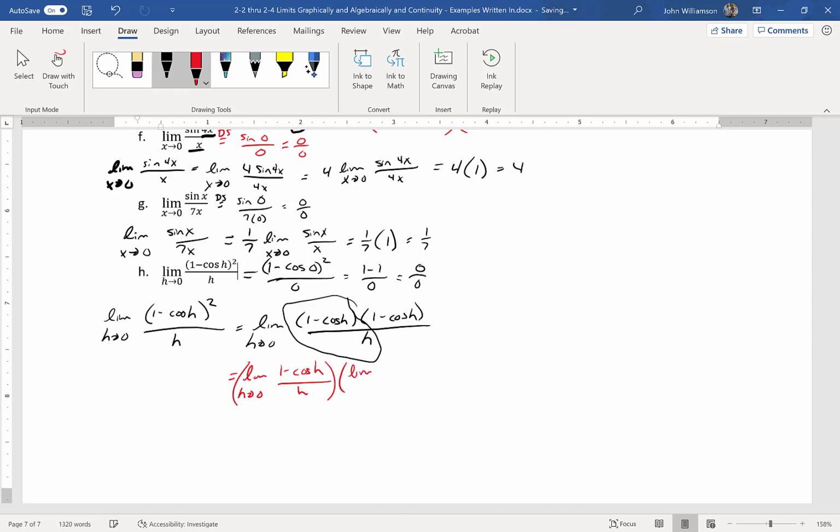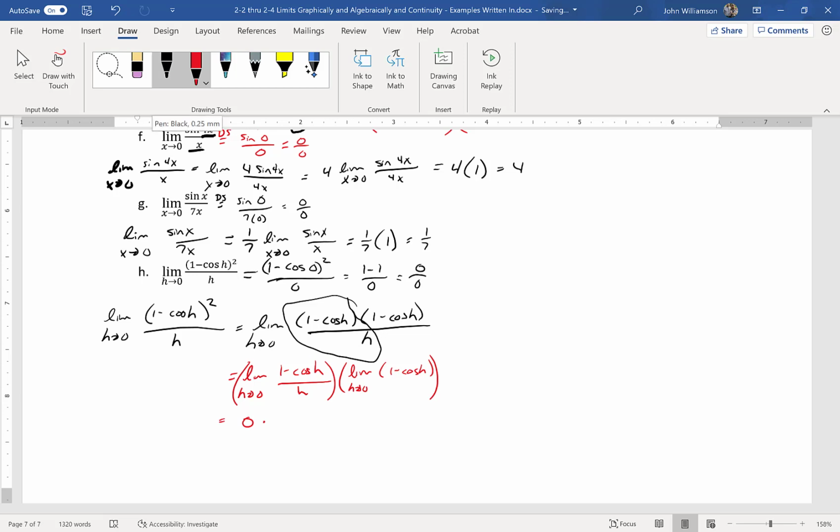Times limit of the product is the product of the limit. So times limit as h is approaching 0 of our other 1 minus cosine h. Well, now we know 1 minus cosine h over h, that is our special trig limit. And so we know that's 0.